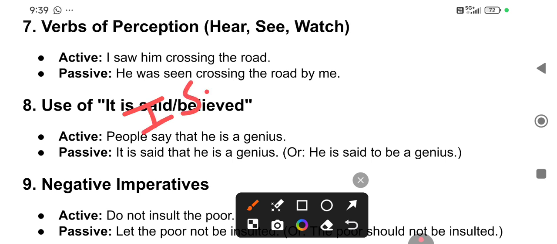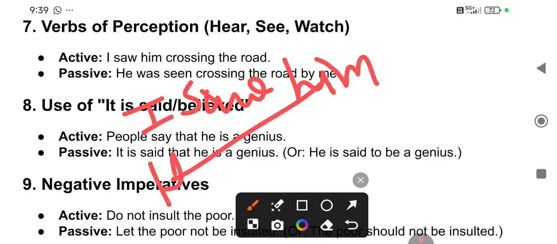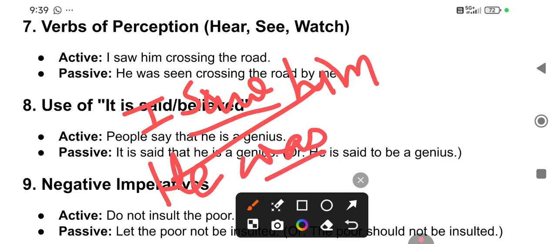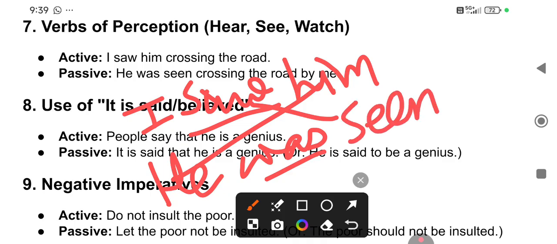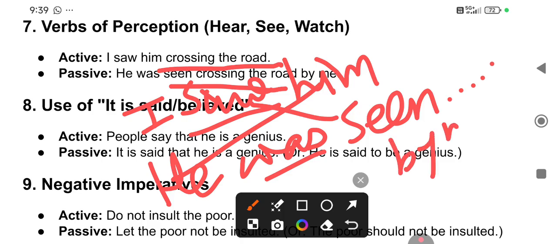I saw him. Forget the other part. I saw him. So he was, because singular was, see becomes seen, saw becomes seen, right? And then crossing the road, and in between crossing the road by me.